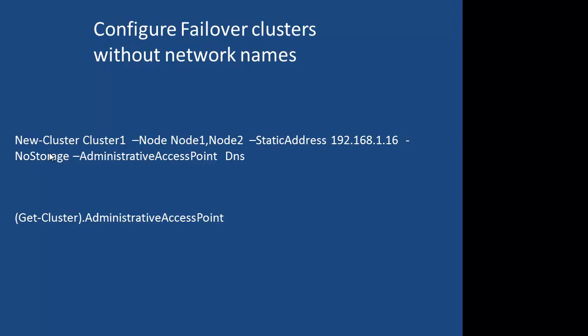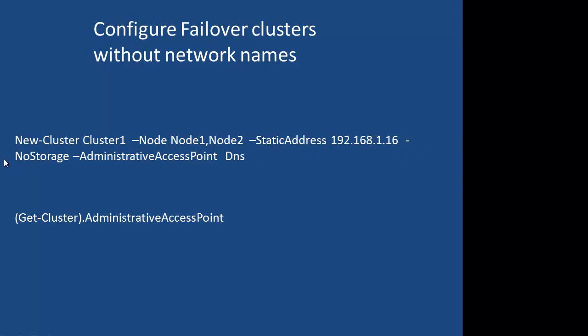New-Cluster, which is our cmdlet, then the name of the cluster, Cluster1, the Node parameter, and if we are creating a two-node cluster, we just put Node1, comma, Node2. We give the static address.